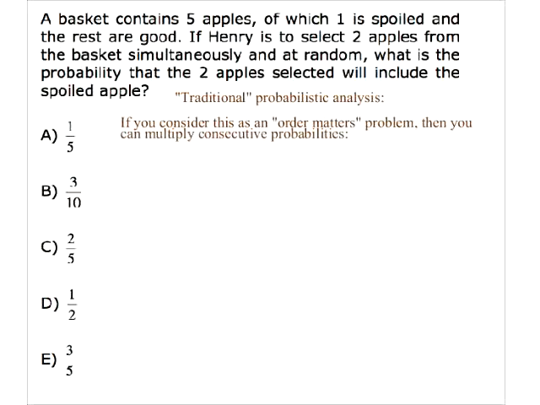You can do the probability that the first is spoiled, which would be 1 out of 5. You don't have to multiply that by anything. But if you want the second one to be spoiled, that means the first is unspoiled and the second is spoiled.